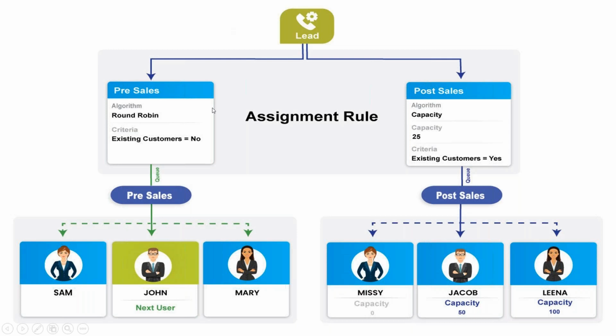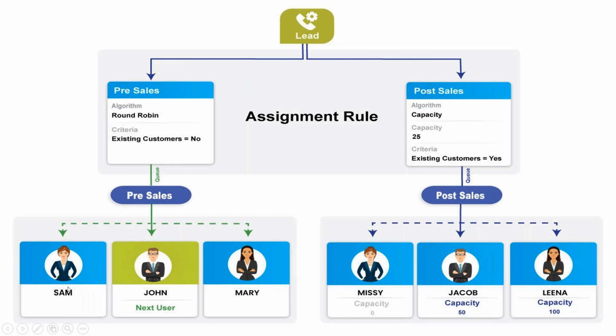So what exactly is this round robin algorithm? Let us say, for an example, a lead is being created where the customer is not an existing customer. So the selection criteria of the pre-sales queue is satisfied, and hence that lead will fall in this pre-sales queue. This means that record can be assigned to Sam or John or Mary.